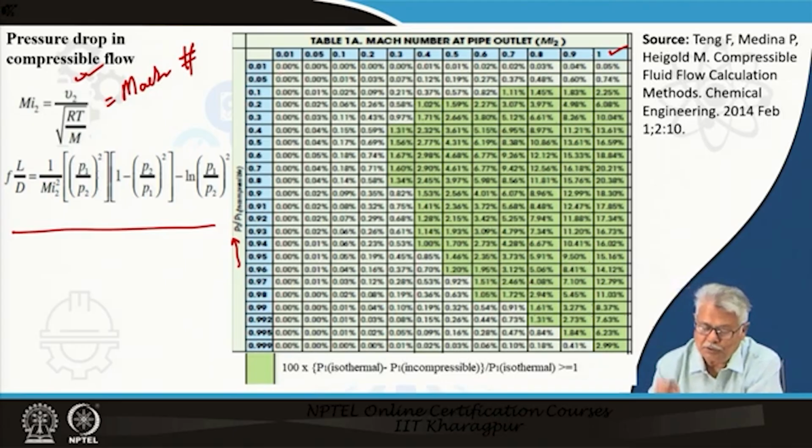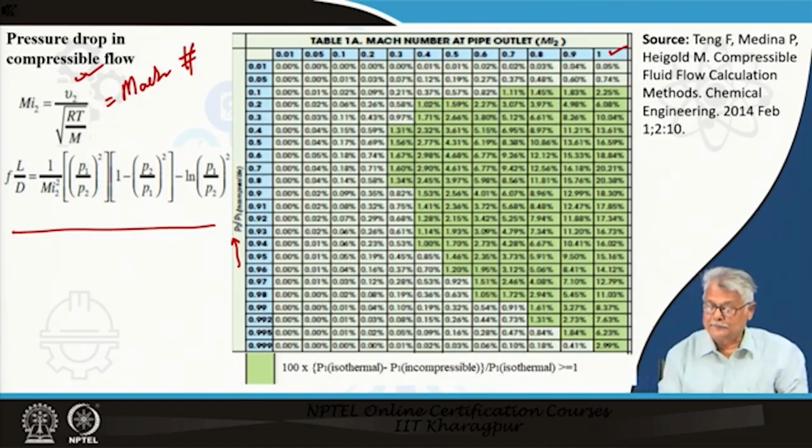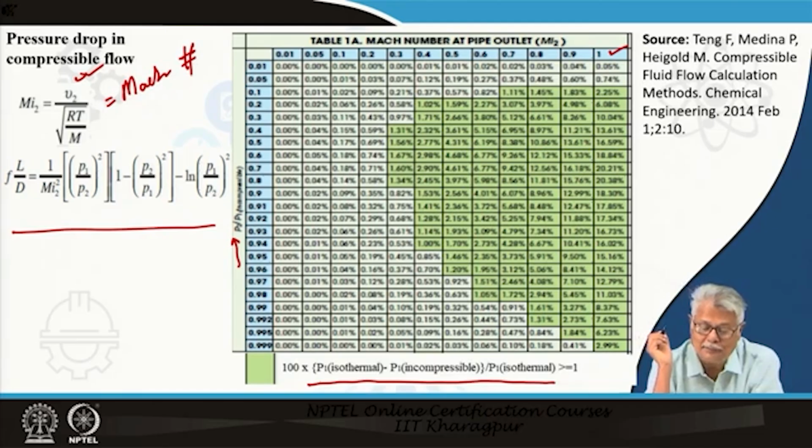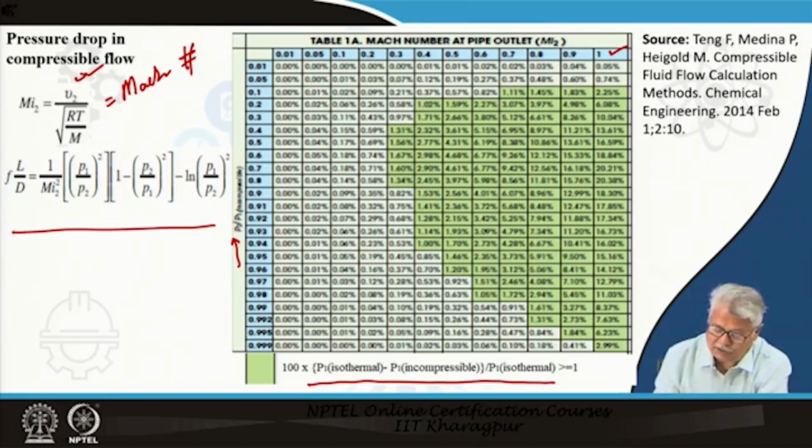Now, corresponding to this, he found out this expression. It shows that at low Mach number and high P2 by P1, which means the pressure difference between P2 and P1 is small, there is hardly any difference between whether you consider isothermal flow or incompressible flow.